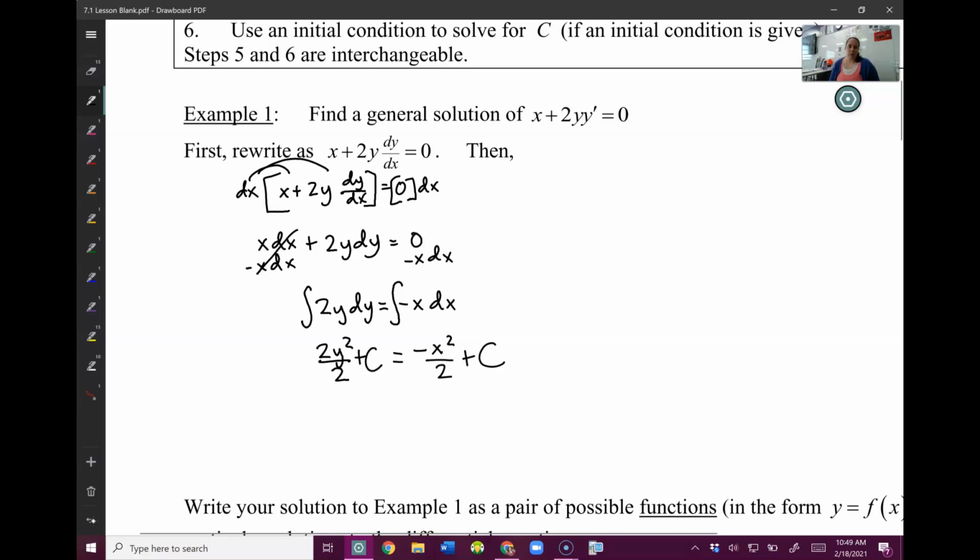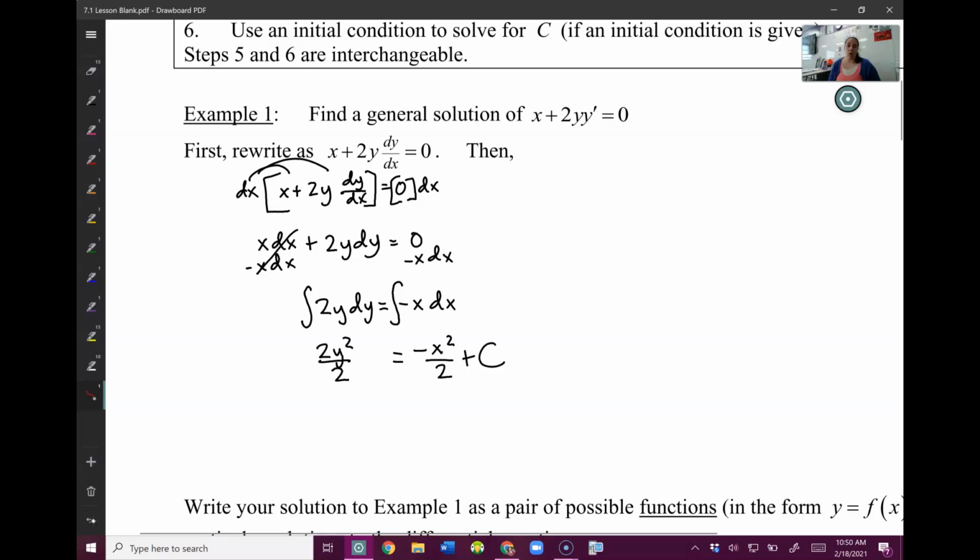However, I'm going to do something a little different here. Those c's are just a number, right? They're called the constant of integration. It's a constant. It's a number. So if I have a number here and a number there, couldn't I also just combine them to one number here?